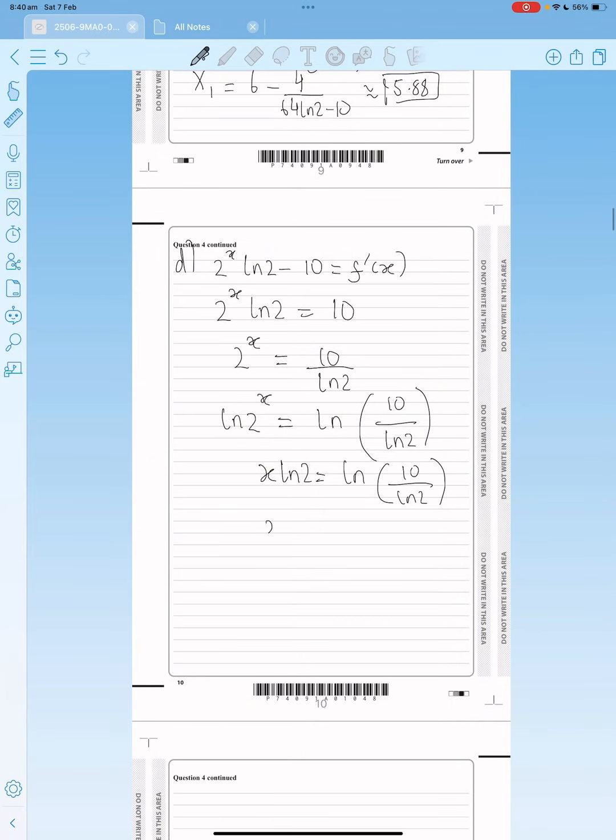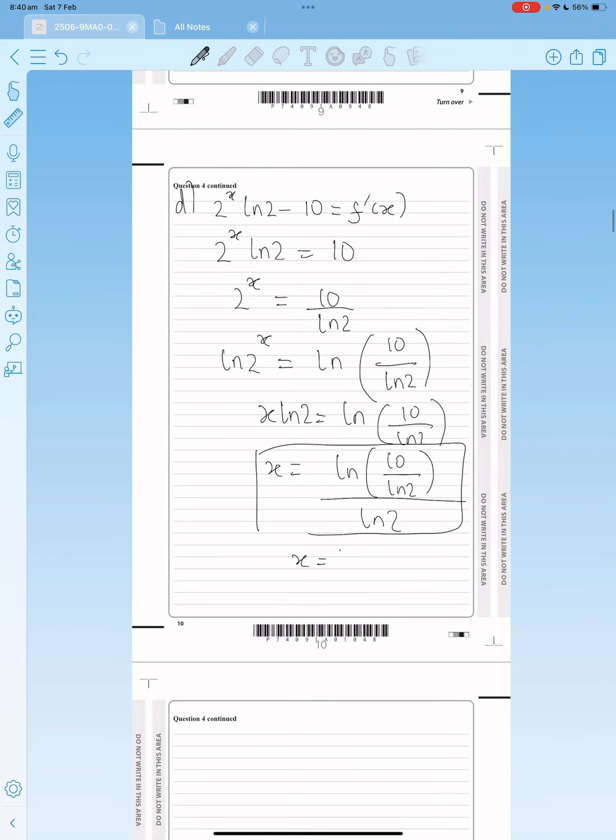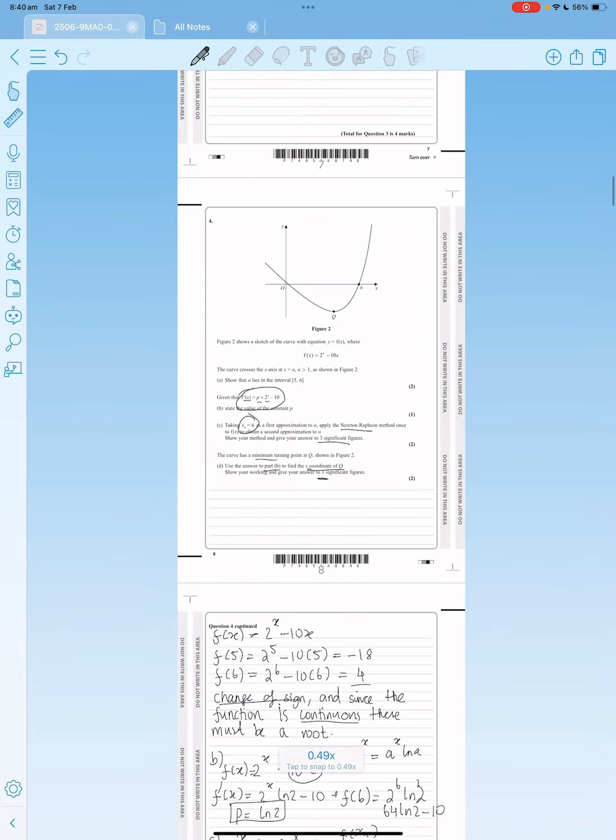And then x, therefore, is ln 10 over ln 2, divided by ln 2. And then you just plug that expression in your calculator and be careful. And you get your answer to equal 3.85 to 3 significant figures. And that's my answer for part D. And that's question number 4.